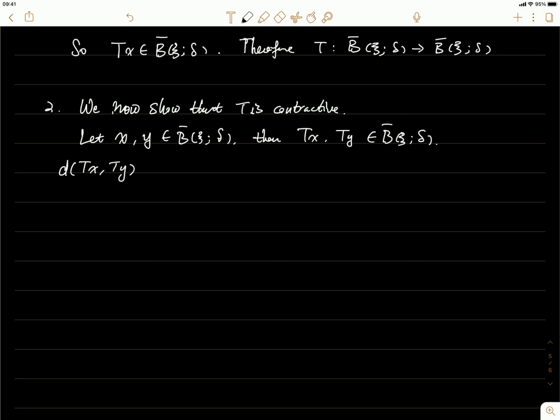Let's consider the distance between Tx and Ty. We know that this is just the maximum for t between negative h and h of Tx of t minus Ty of t.